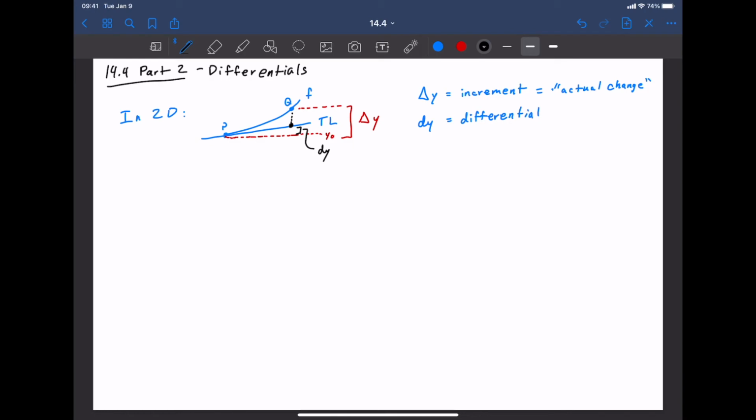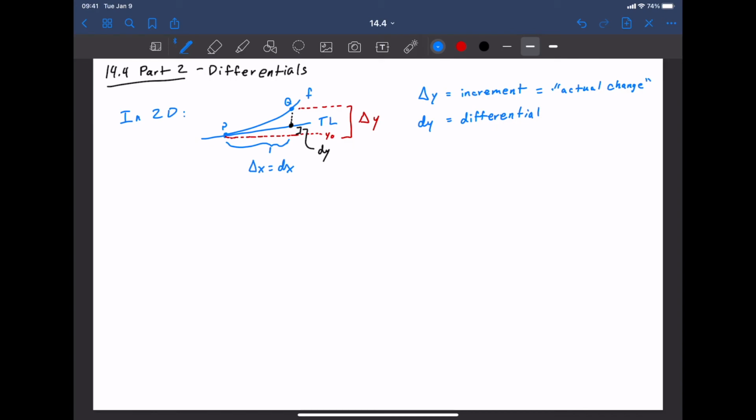All right, so what we're holding fixed here is the change in x, I'll say. If you're wondering how we're going to measure whether they stay the same, that's going to be the change in x, and that is the same on both the tangent line and on the curve, right? That's because it's the independent variable.